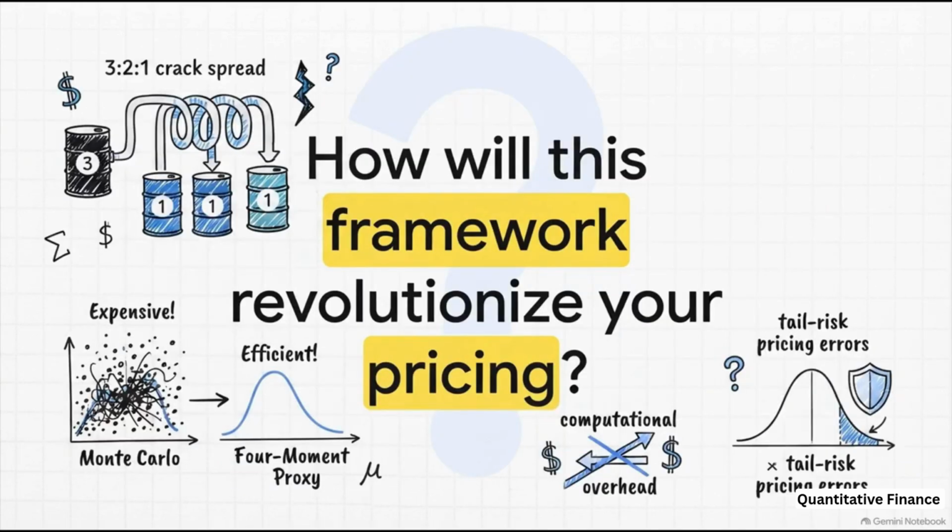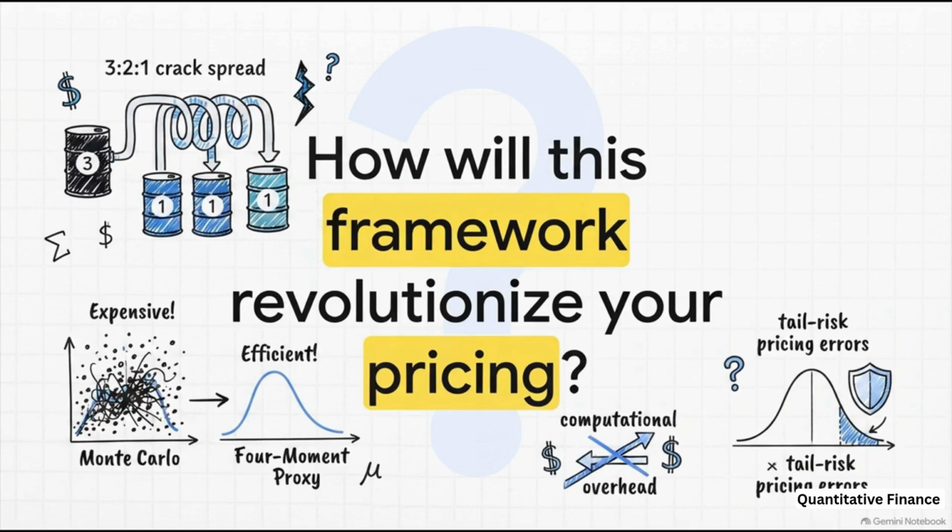How might this 4-moment probability framework revolutionize your own algorithmic pricing and risk management strategies? Because when you can price complex, mixed-sign baskets analytically, transparently, and highly accurately, without resorting to incredibly expensive Monte Carlo simulations, the possibilities are honestly endless.